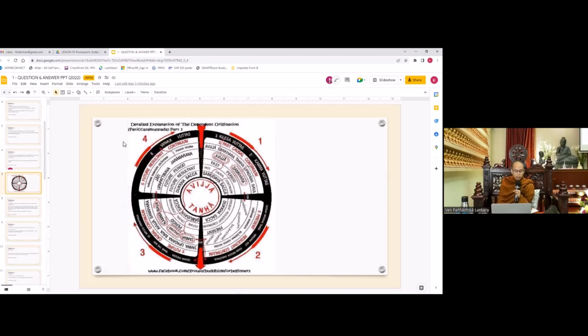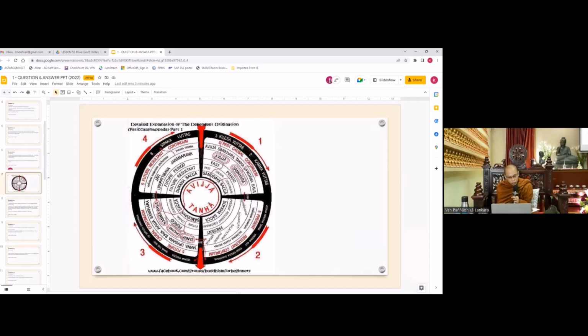Then if we go deeper, it mentions avijja, sankhara, tanha, upadana, bhava. Here the bhava refers to kamma bhava. So the round is trying to explain the continuum.